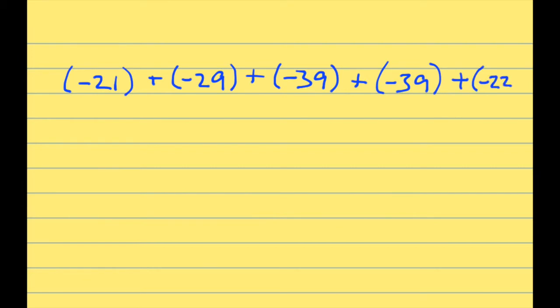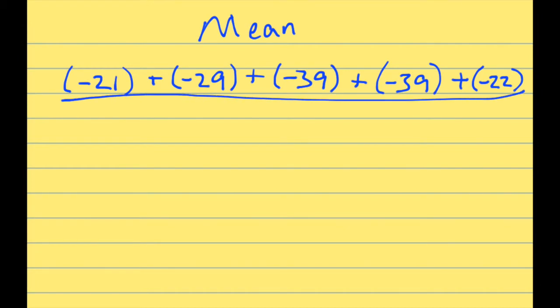And I'm putting an addition sign between these because since we're finding the mean, I know that we want to add up all the numbers and divide by how many there are. So we're going to divide that by the 5 days. So first I start by adding, and let's take a second and add up all 5 of those numbers and tell me what you get. That's right, negative 150.